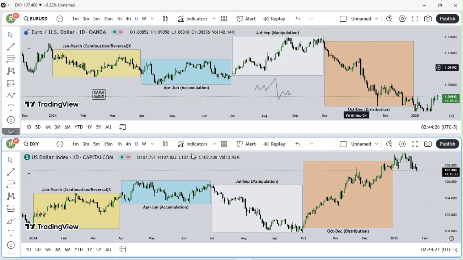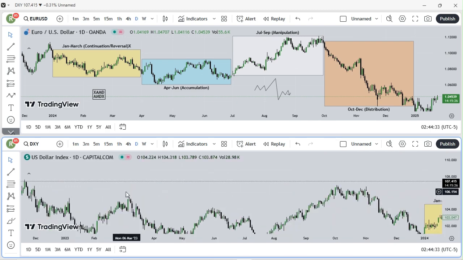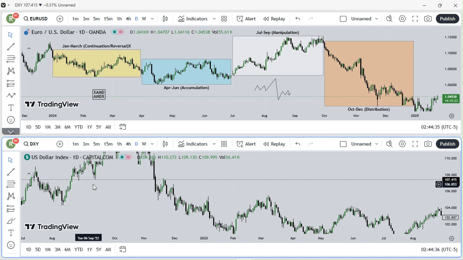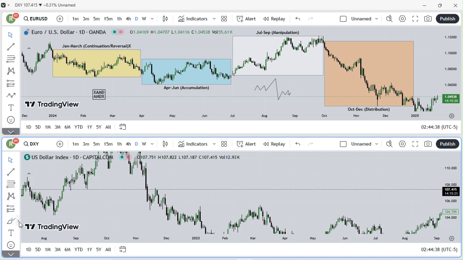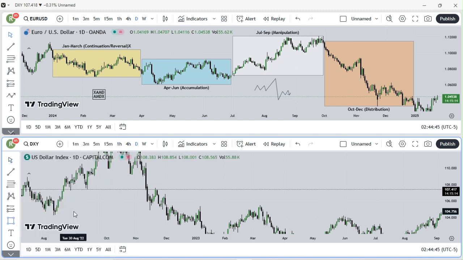Let me just try to find that fair value gap that the price went to, so I can mark it for you to understand what I'm trying to say. I'm using a different platform to do this. So here we have this fair value gap, and this fair value gap here.